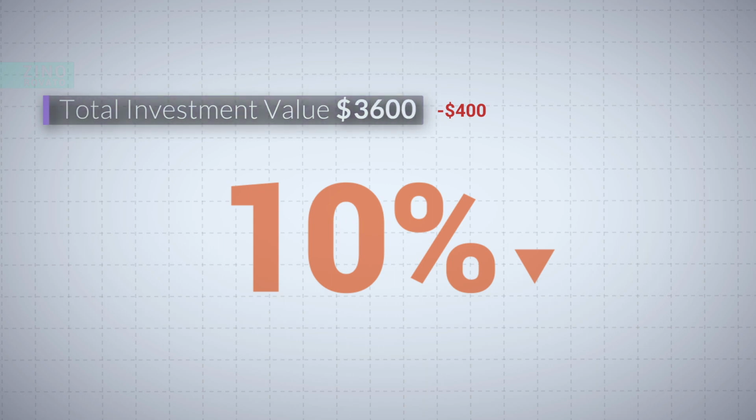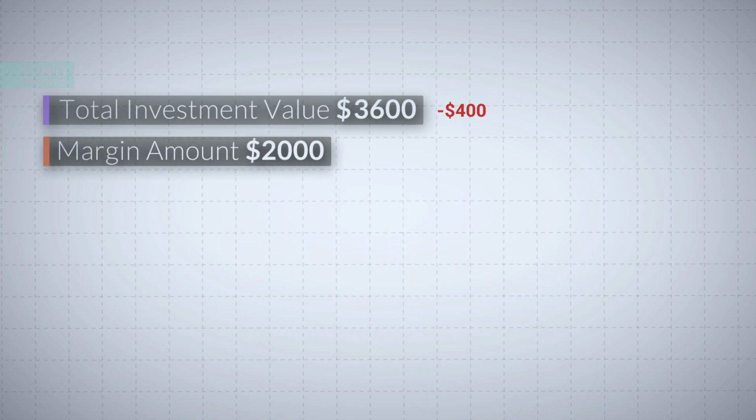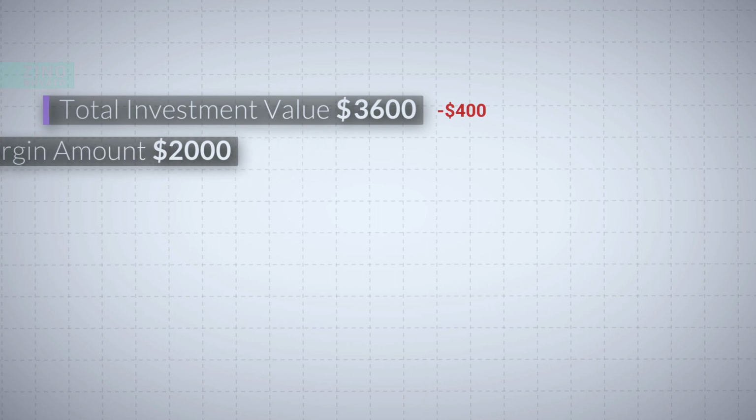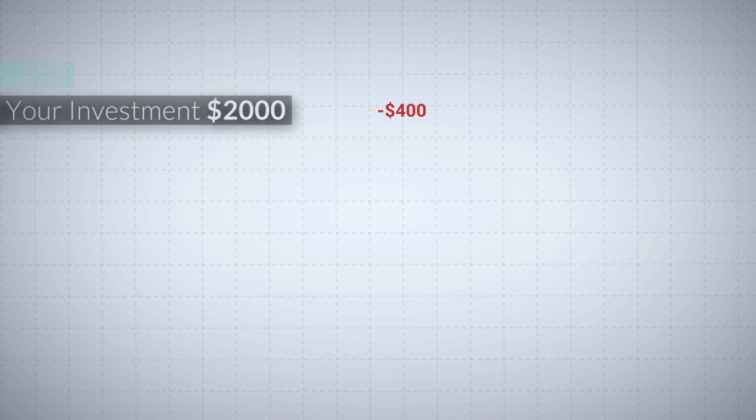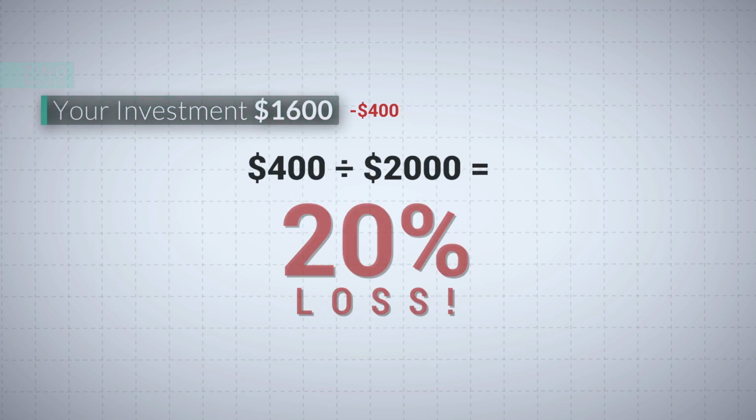Now you would say that you lost 10%, but in actual terms, because you went down $400, you still owe the $2,000 that you have on margin. That is an owed amount. That's not going to disappear. So the value that went down for you is $2,000 minus the $400, which is $1,600. So that means you just lost 20% of your investment.